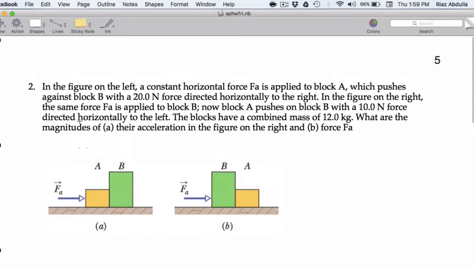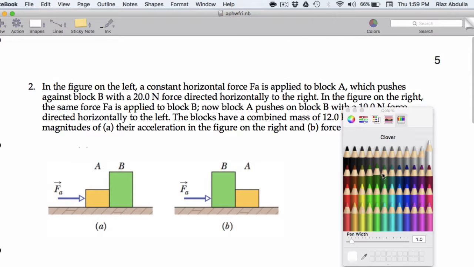In situation A, we're going to have a normal force on B due to A equal to 20 newtons.